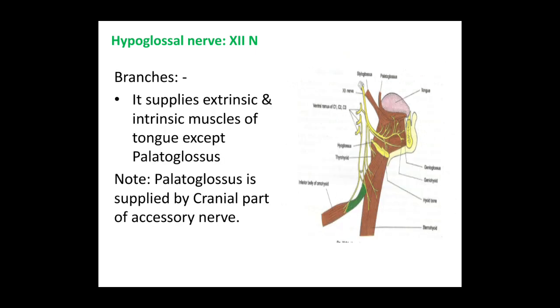It supplies both the intrinsic and extrinsic muscles of the tongue. All the muscles of the tongue are supplied by the hypoglossal nerve except the palatoglossus. The palatoglossus is supplied by the cranial part of the accessory nerve.